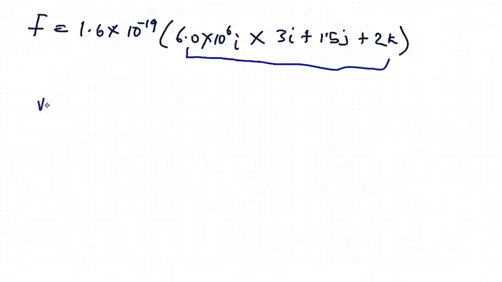Working on the cross product, we have that v cross B is equal to the determinant of i, j, and k.